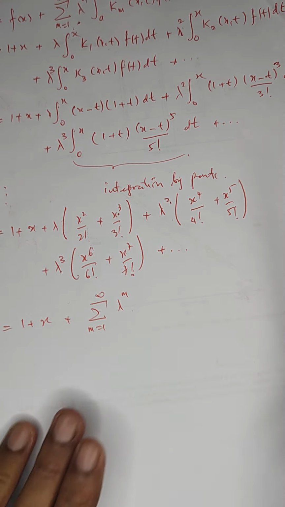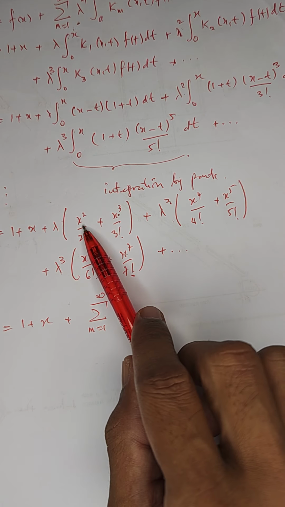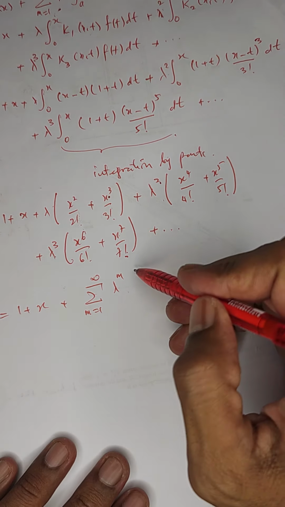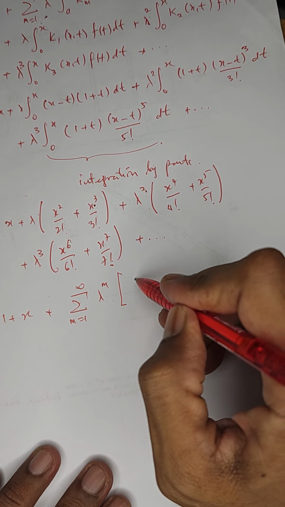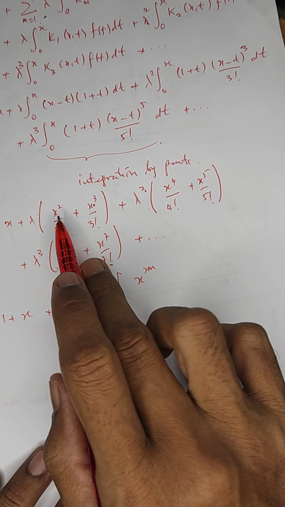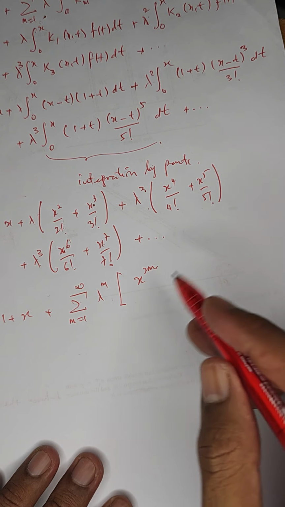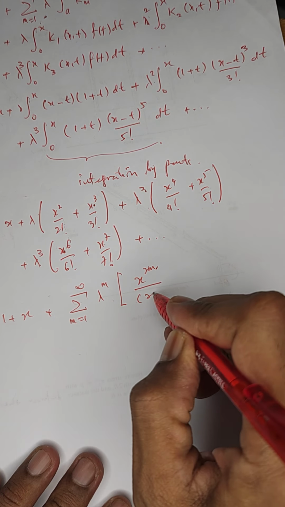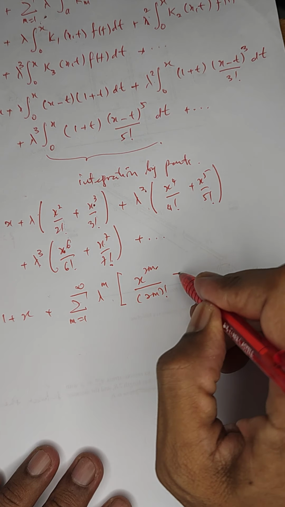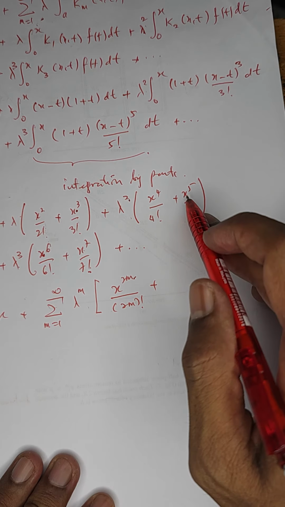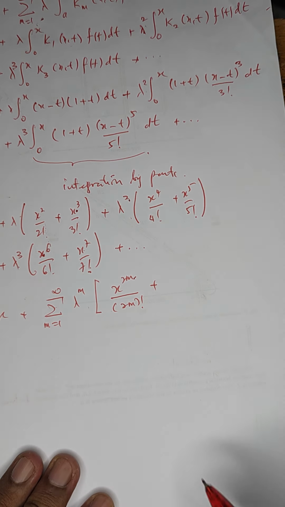But for this, we split into the even and odd powers. For the even powers, we have x to the 2m, you can see here 2, 4, and 6, so I put 2m there, over (2m) factorial, plus the odd powers, x cubed, x to the 5, and x to the 7.